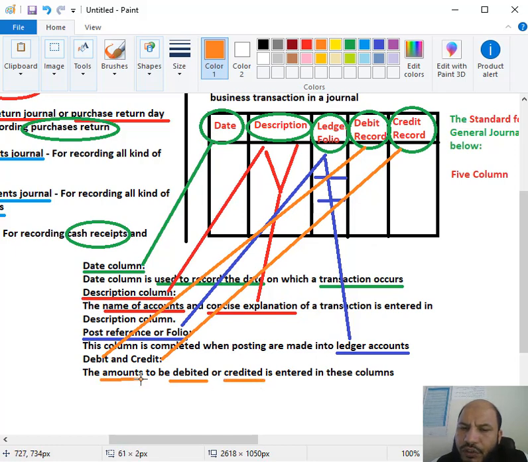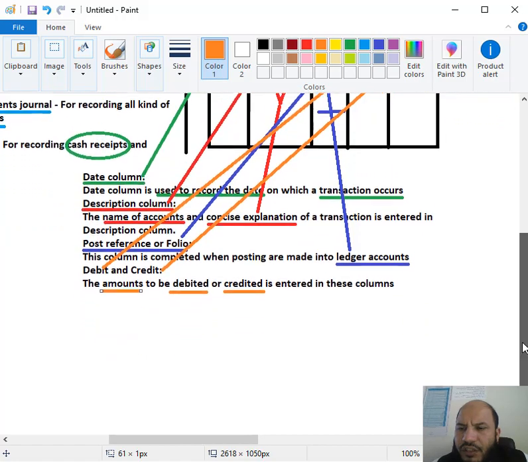In both of these columns we will record the amount of money, and sometimes it is a debit record and sometimes a credit record. On the basis of these we will record the business transaction in the general journal.